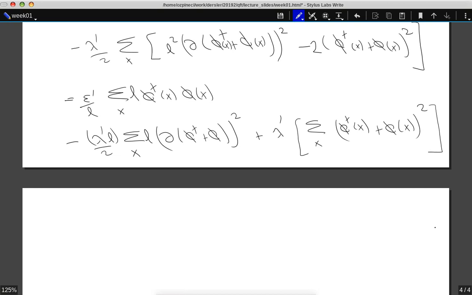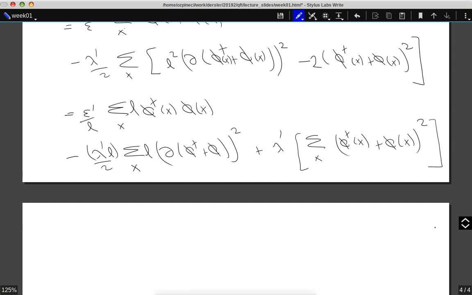Now we need to take the continuum limit. Well, okay, there's one problem that I see over here, this term. You see, this summation over x multiplied by L in the continuum limit will give me the integral. So it becomes the integral over x.